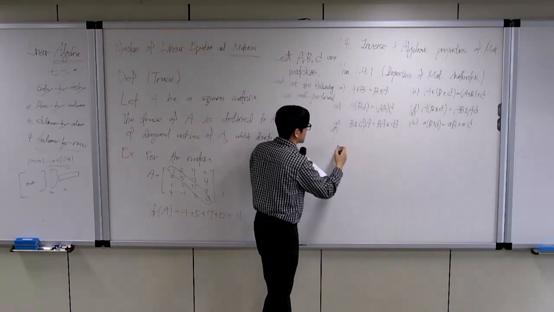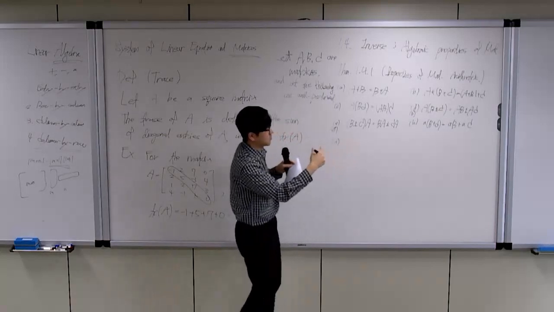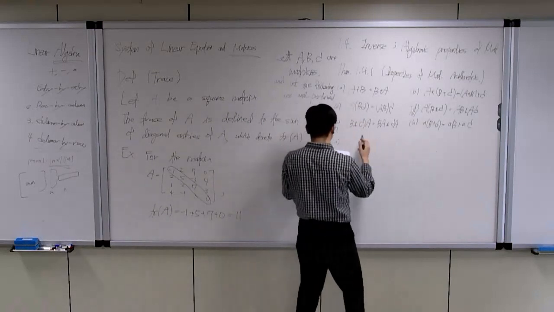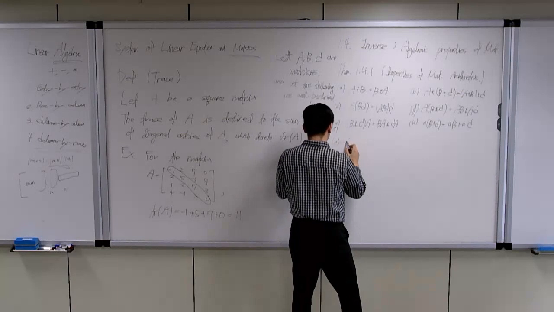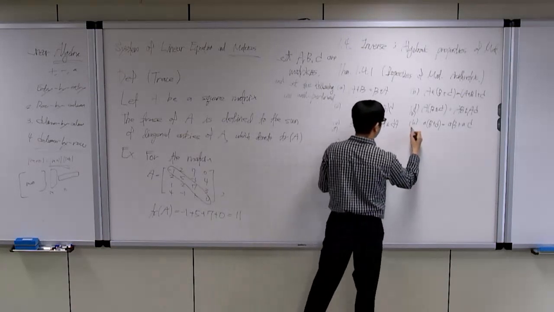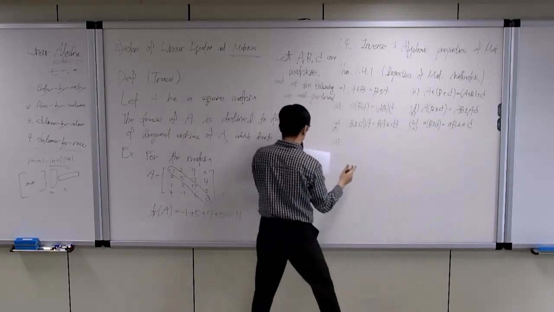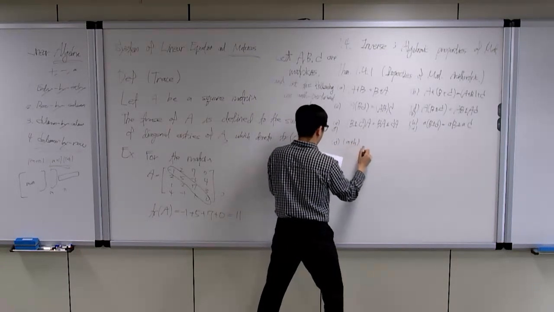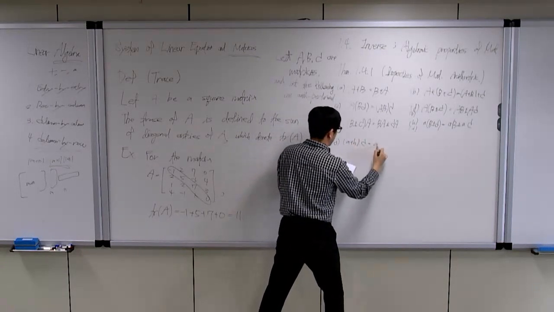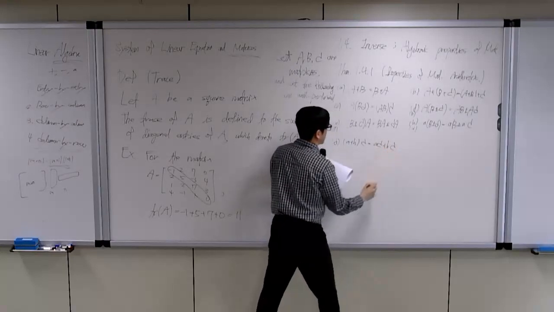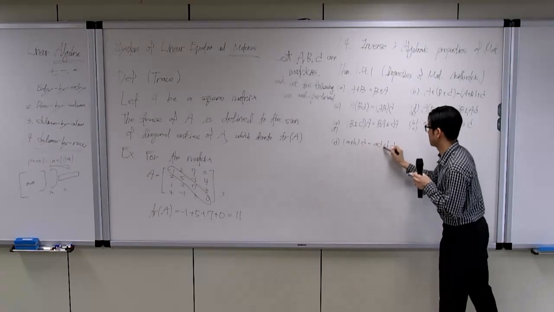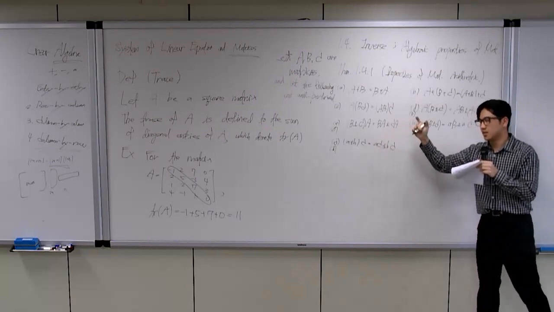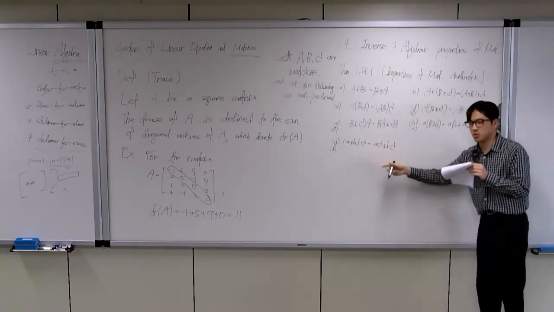The addition is also operated on each entry, so it makes sense. Plus and minus are also the same. This distribution rule is satisfied. In scalar multiplication, the right distribution rule is also satisfied.